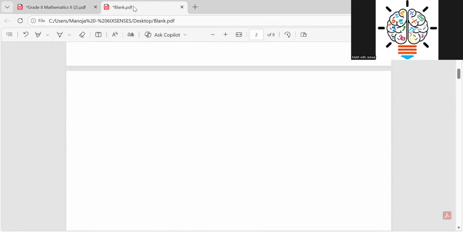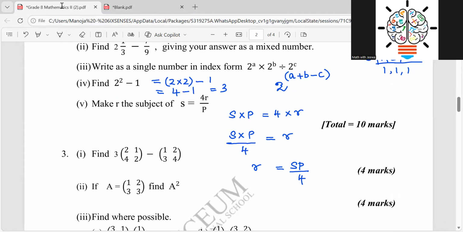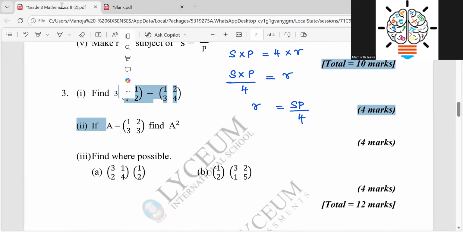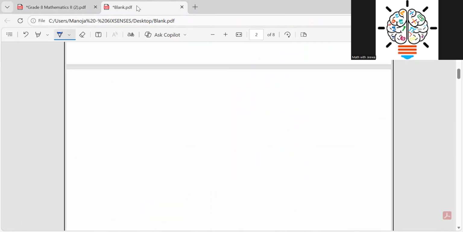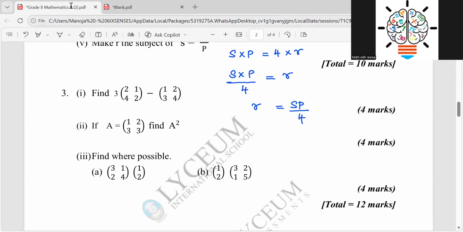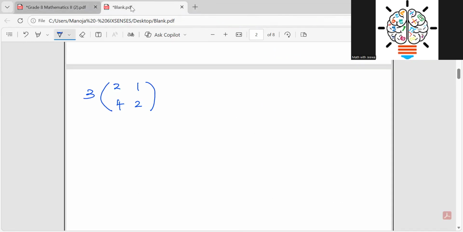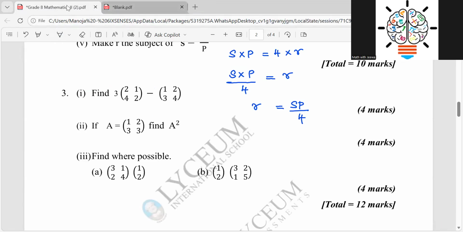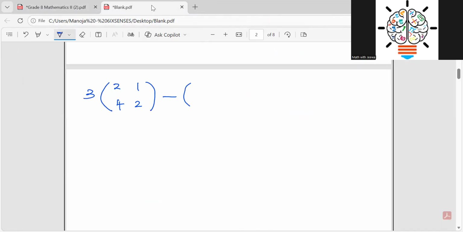So this is how you want to do it, children. You put the question number properly and then you can start. First you have a multiplication, 3 times the matrix 2, 1, 4, 2.